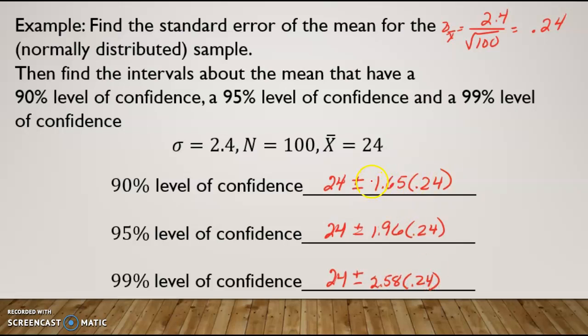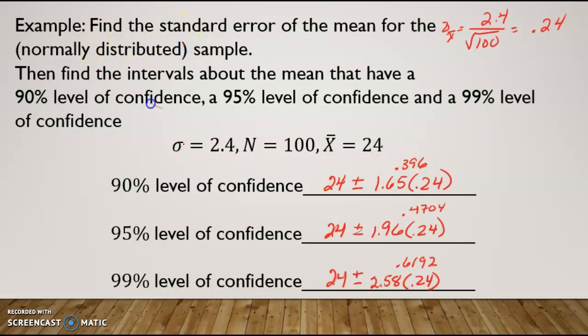This right here is 0.396. This right here is 0.4704. And this is 0.6192. So I'll be adding that to 24 and subtracting it from 24.